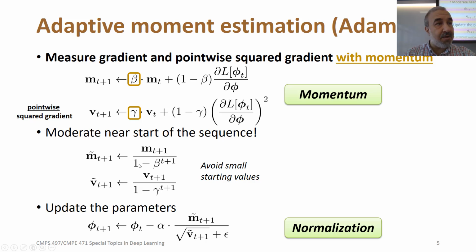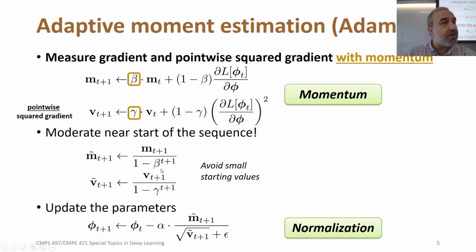Now, this number over time, because we raise it to t plus 1, the denominator will get smaller and smaller over time. In the beginning, it would be 1 minus beta. Then 1 minus beta squared. Then 1 minus beta cubed. Okay? So beta to the power t plus 1 will get closer to 0 because we keep multiplying by a number that is less than 1.